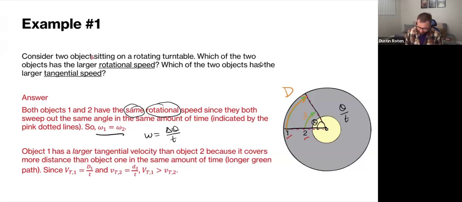So the whole idea here is that the velocity of the first one, since velocity is just distance covered over time, well, there's way more distance here, right? Big D, longer distance. There's way more distance covered than by the second object, because that second object just had this little distance.